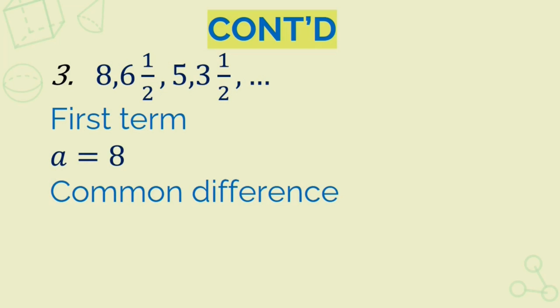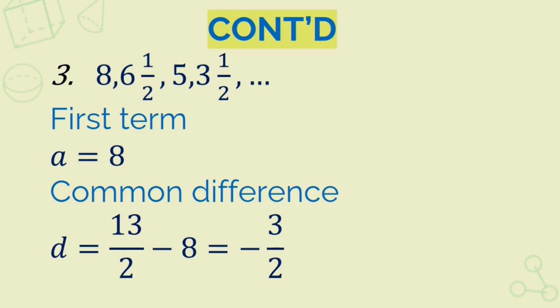When I pick the number 6 and a half, I can convert this to an improper fraction as 13 over 2 and subtract the previous number, which is 8, from it. So 13 over 2 minus 8 will produce negative 3 over 2.